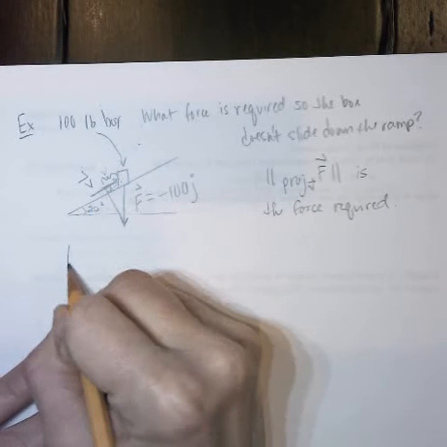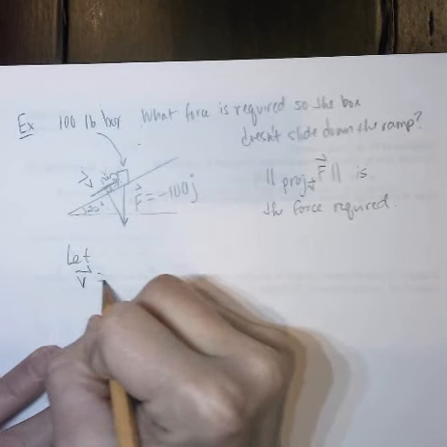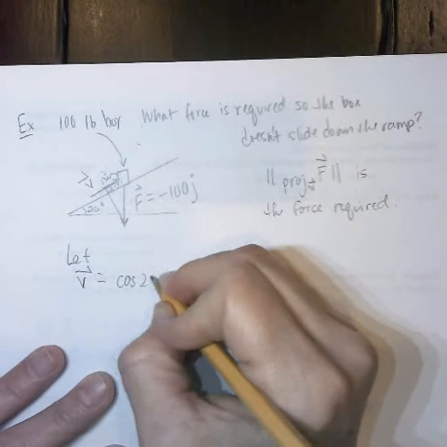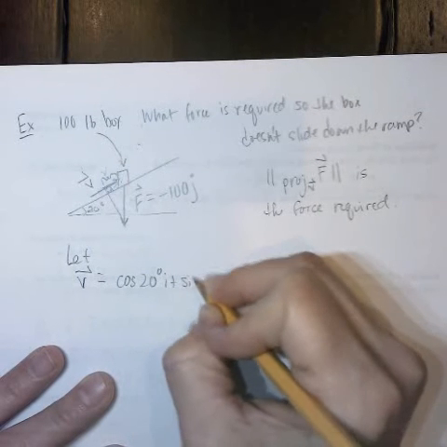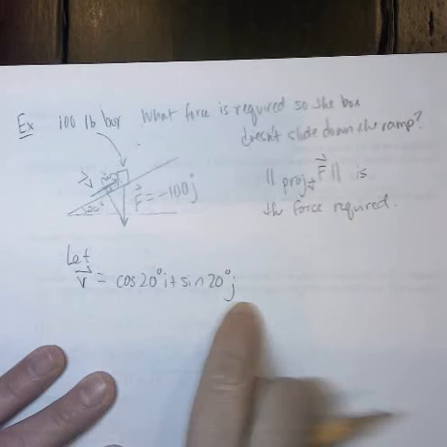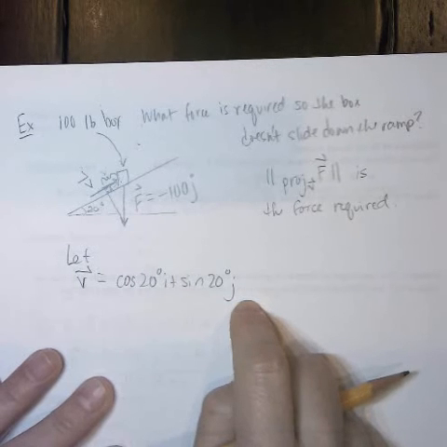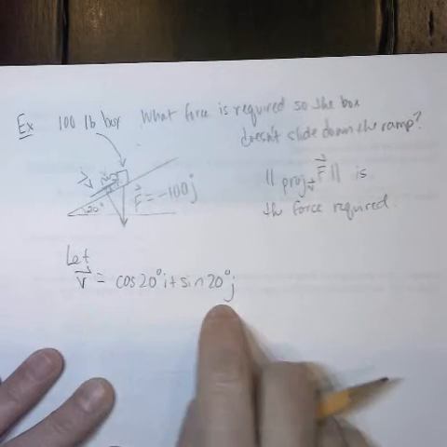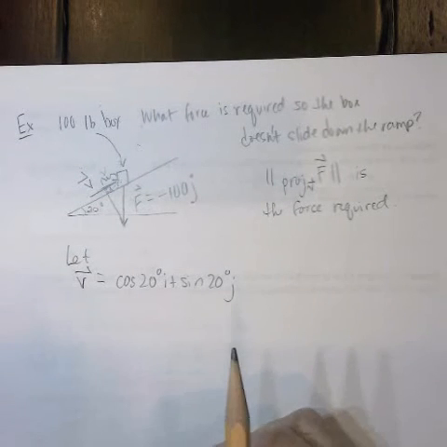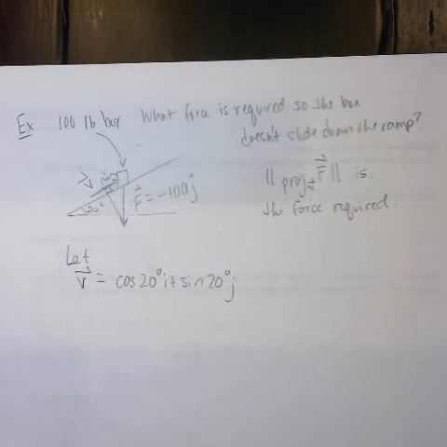So let V equal, just use a unit vector, cosine 20 degrees i plus sine 20 degrees j. Any vector going in this direction will work. It doesn't have any particular length. And so we'll just use the unit vector and project onto that.